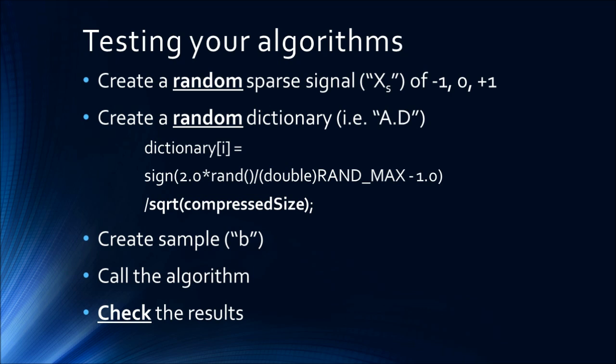I can't tell you the importance of having unit tests here, obviously. You need to have some test cases where you know what they should come out to. You can verify that you've plugged it in because it's maybe real data you're really interested in. But you should also have some random data. Make random data, run it through the algorithm, see how it reconstructs, and then see how well the answer came out.